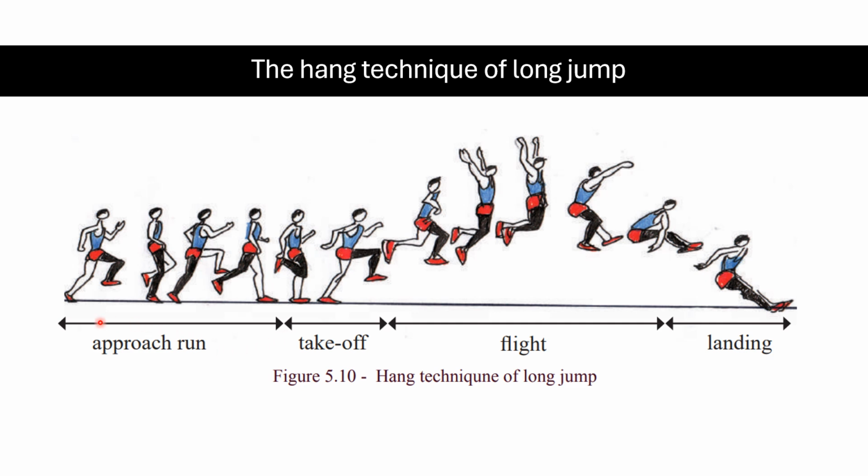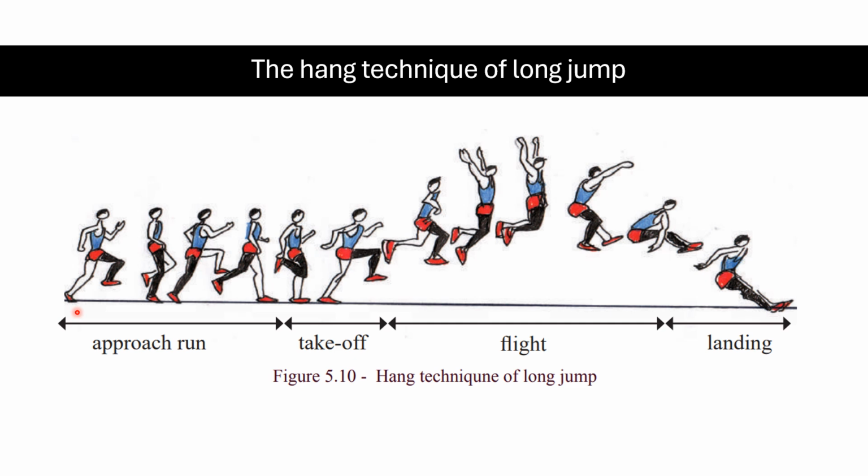So approach run usually starts with the standing start. We talked about 2 starts when it comes to athletics, especially in running events. There are 2 starts, the standing start and the crouch start. So in the long jump also there's an approach run. There's a running part at the beginning.